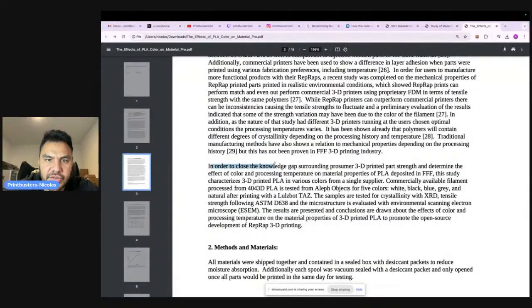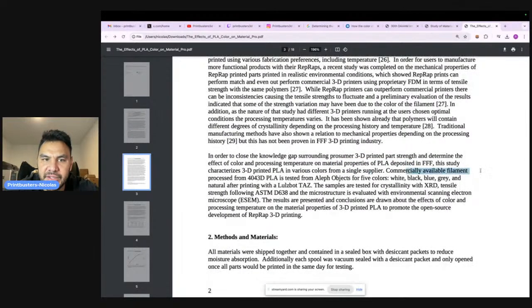Okay, in order to close the knowledge gap surrounding prosumer 3D printing parts, strengths determine the effect of color. This study characterized 3D printed PLA in various colors from a single supplier. Commercially available filament process from 4043D PLA is tested from alpha object for 5 colors: white, black, blue, gray, and natural.